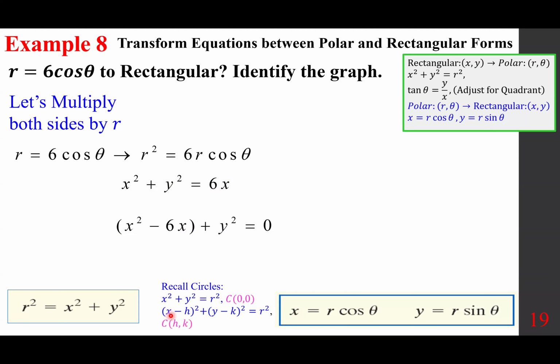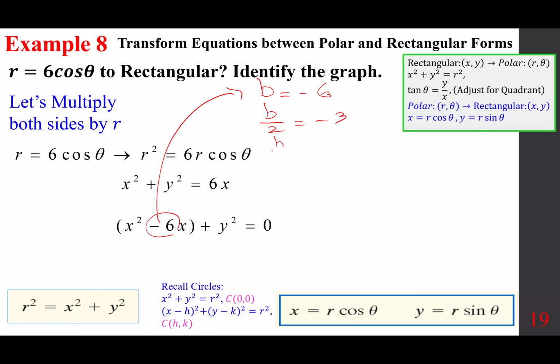It's important to remember x minus h quantity squared plus y minus k quantity squared equals r squared. And this requires a number, so it becomes a perfect square trinomial. Remember, b is minus 6. You have to divide it by 2.